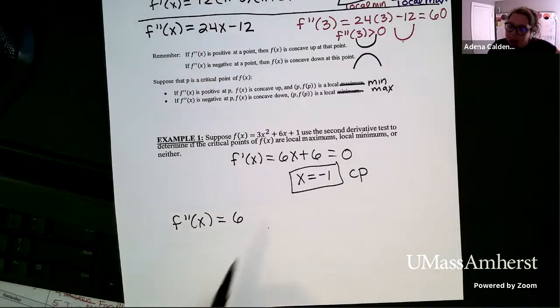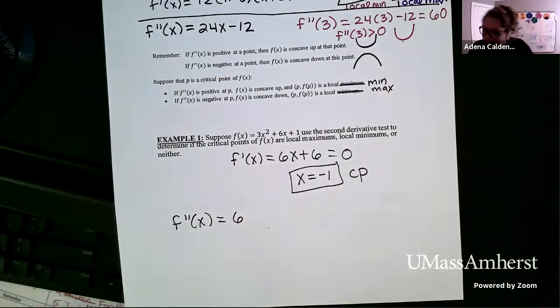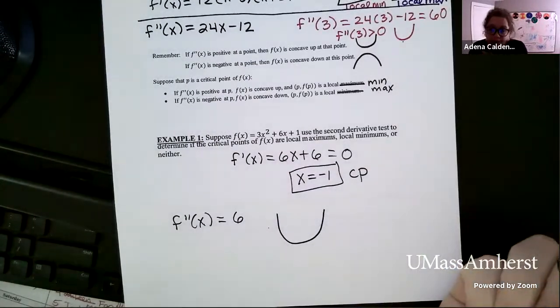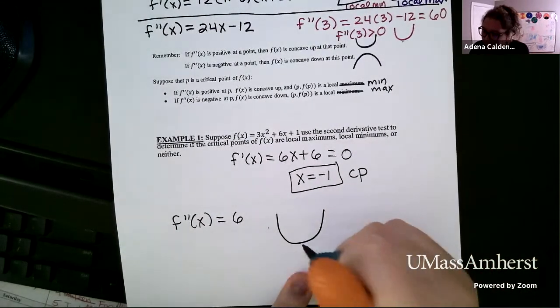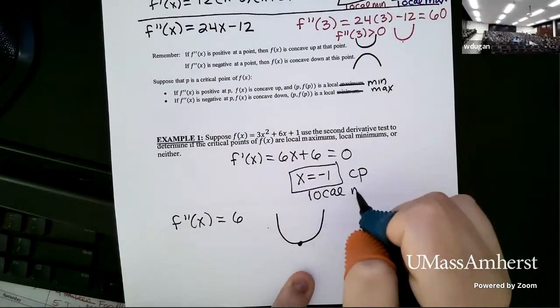So since this is positive 6, it's positive for all x values, including -1. So if your second derivative is positive, that tells you the original function is concave up everywhere, including -1, which means that this critical point has to be a local minimum.